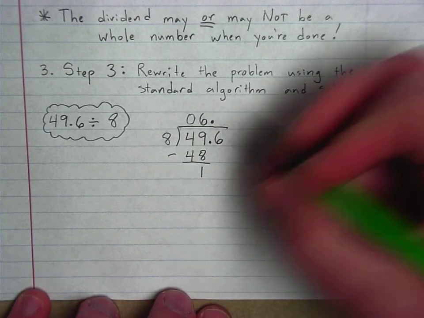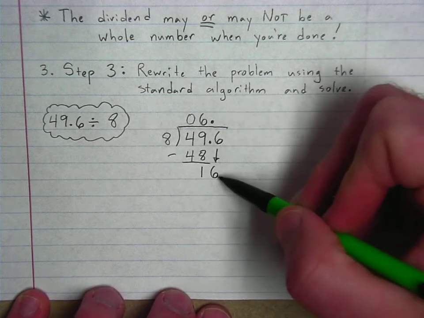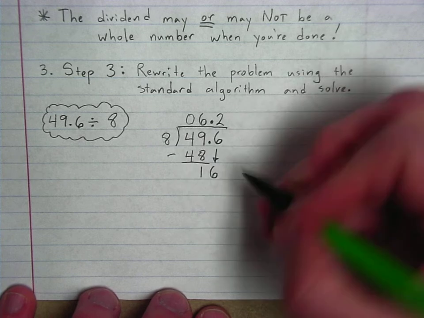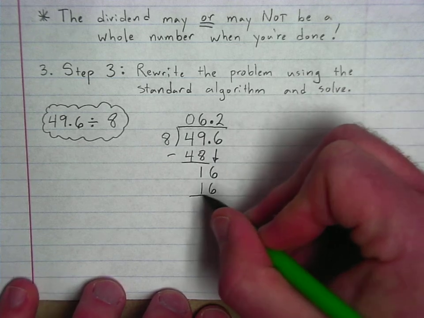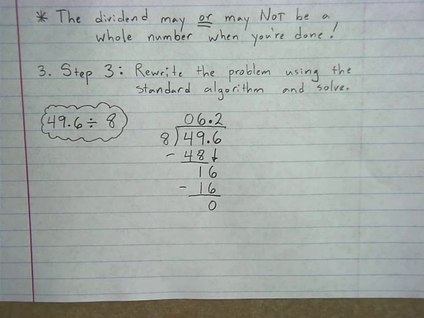Now, that is less than 8, but I've still got some more to deal with, so I'm going to bring down the 6. 8 will go into 16 twice. 2 times 8 is 16. Subtract that out, and we're all set.